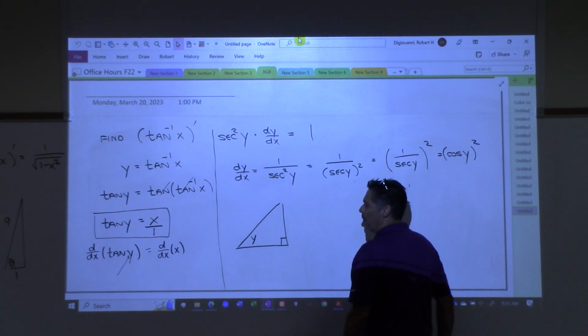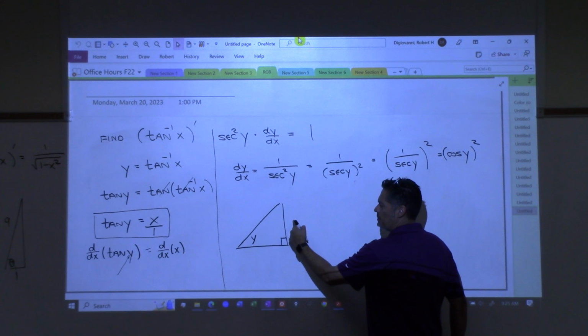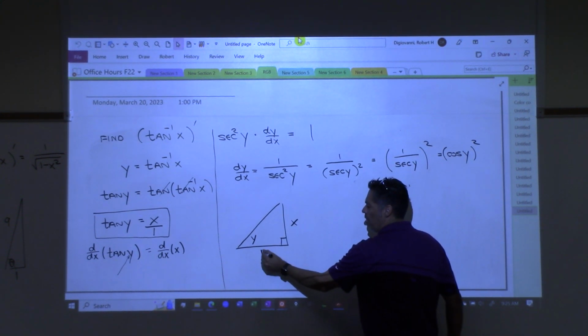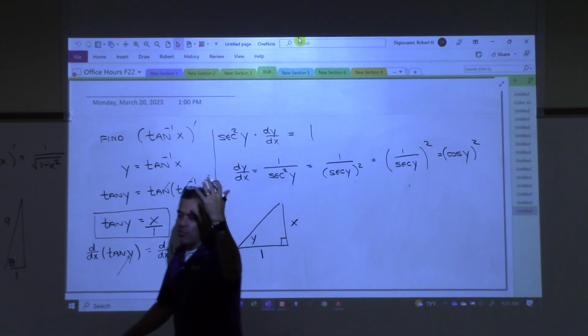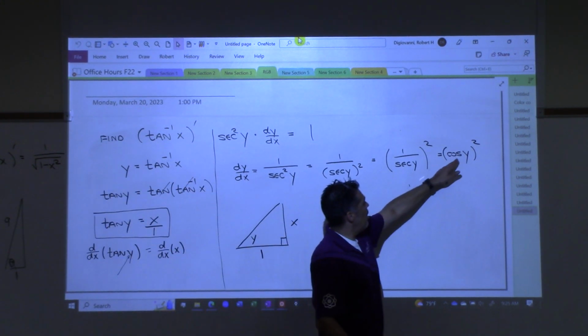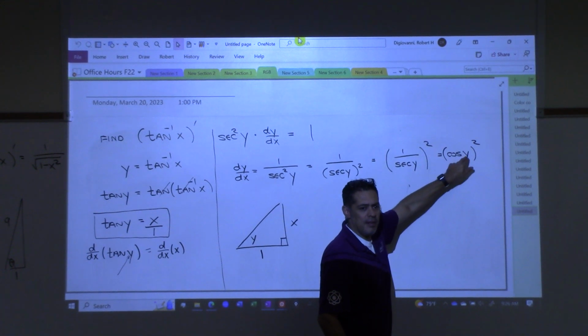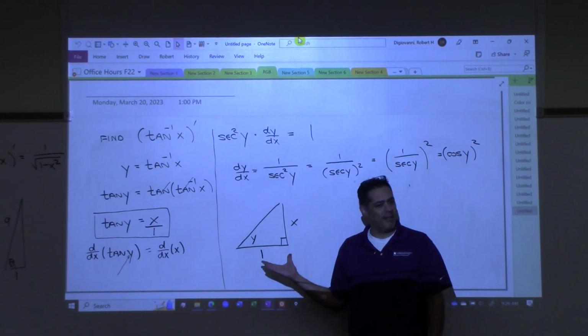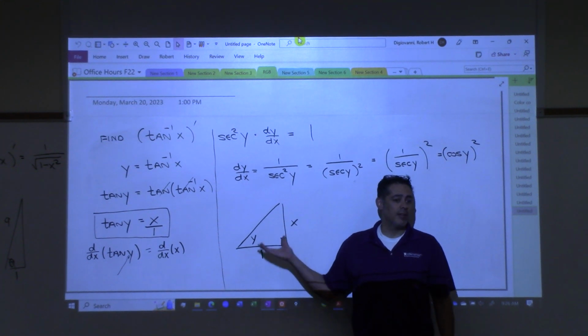So that means the opposite side is x, and the adjacent side is 1. You can't use the same triangle we did in the previous problem. It's a different setup. And what am I interested in? Cosine of that angle. For cosine, I need adjacent over hypotenuse. I don't have the hypotenuse, do I? But I can go get it.